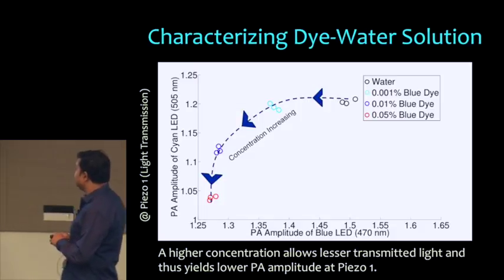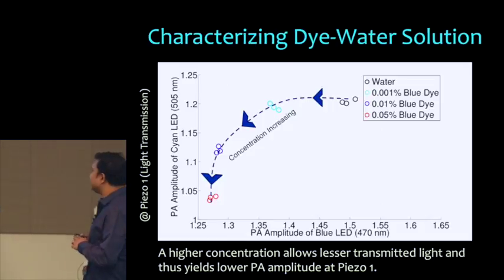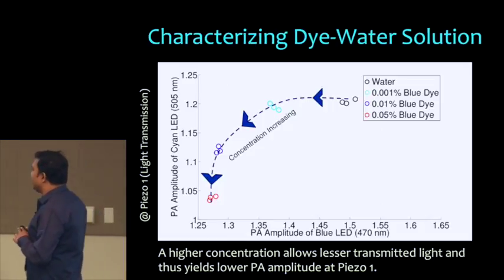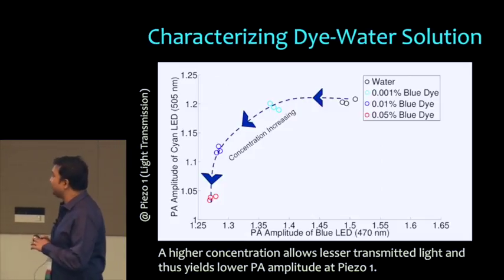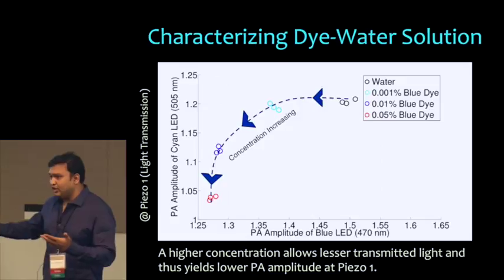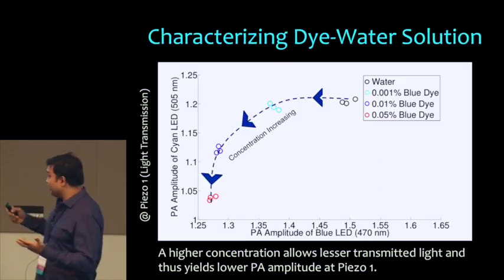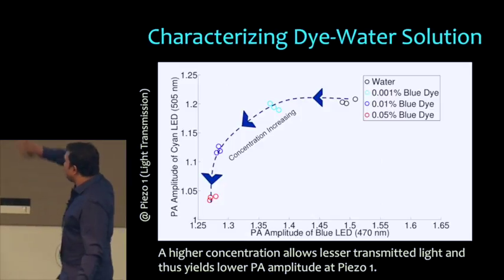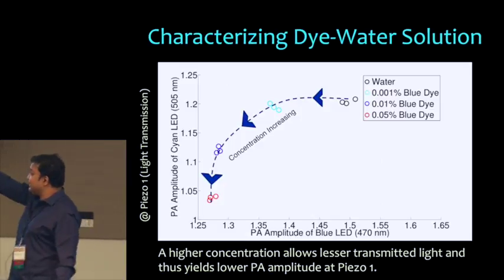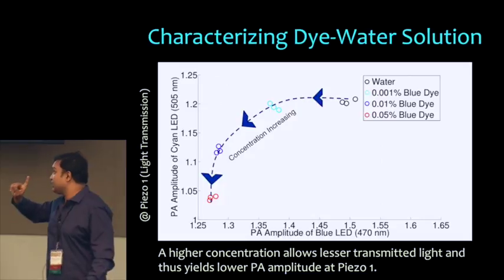And here's the result. Here we can see the scatter plot between the photoacoustic amplitude produced by blue and another bluish color LED, right? Because we expect that the photoacoustic amplitude in the blue region will be the maximum. Now if we look closely at water, and it is at piezo1, so it's capturing transmission, remember.